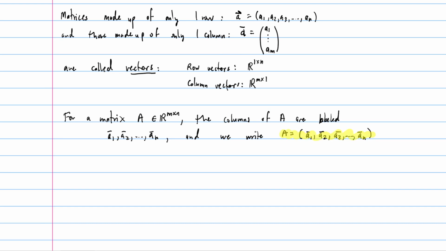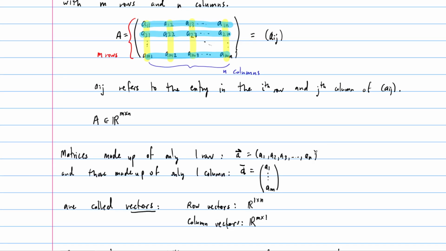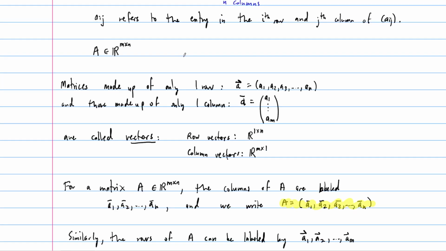Similarly, we know that the rows of A, capital A, can be labeled by A with a hat 1, A 2 with an arrow. The arrow means row in this case, and then A m, so there are m rows now. And then we can build A by stacking up these rows into a vertical column vector.